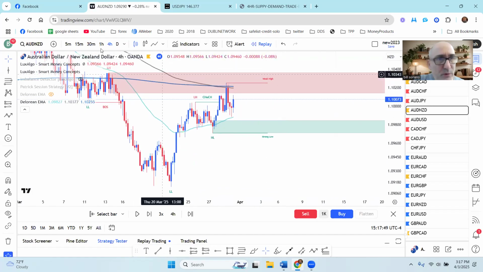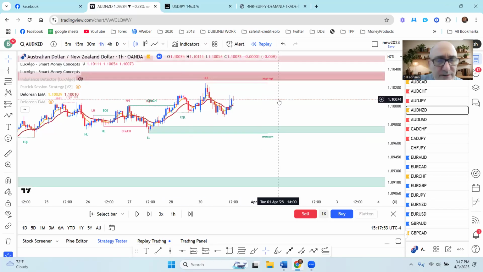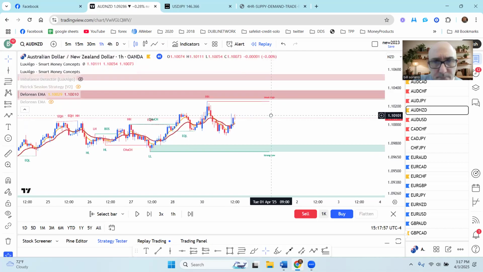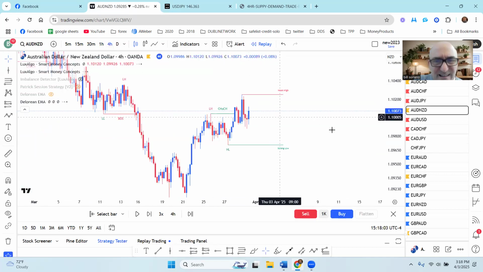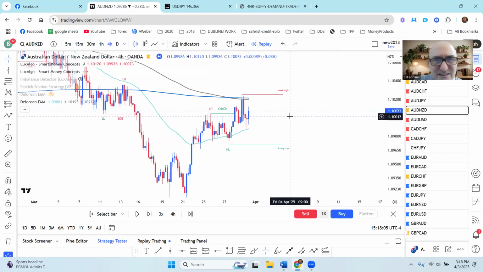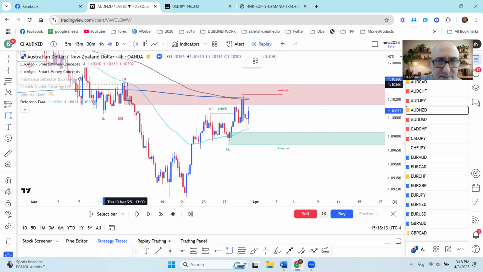Okay, so now at this point, we're going to drop down to the 1 hour. Let's highlight this zone here again so we see it.